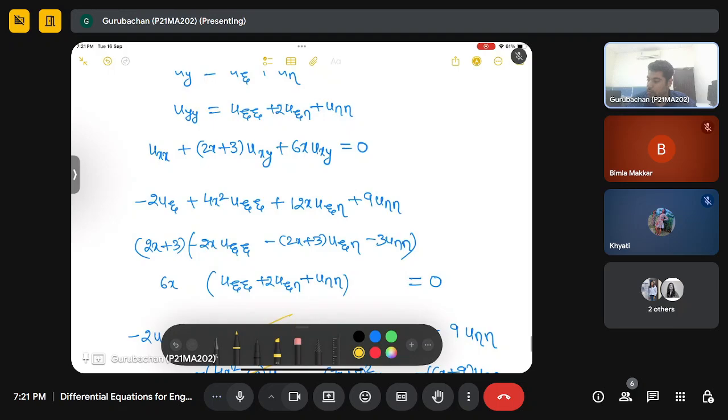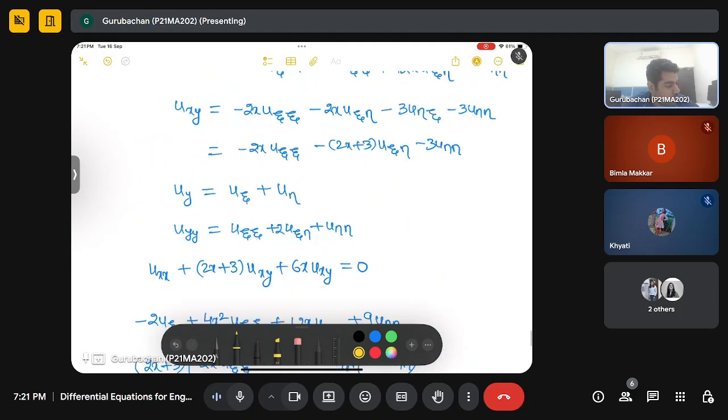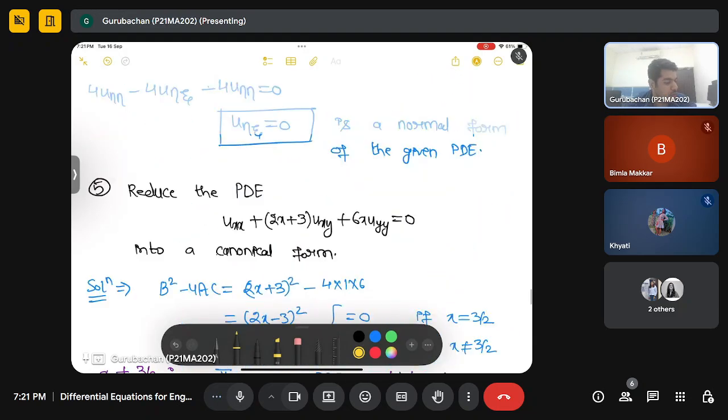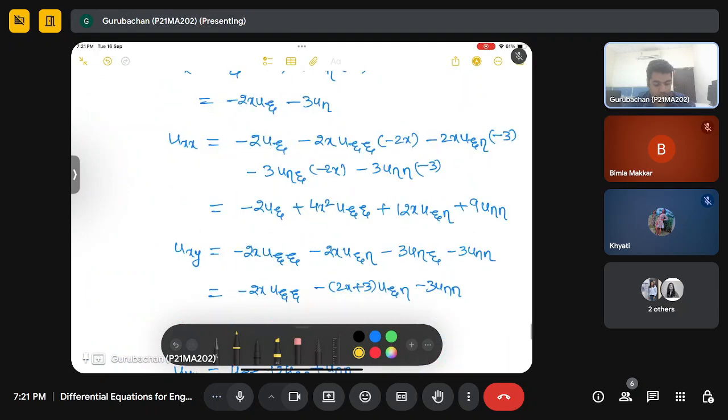So the given equation is u_xx plus (2x plus 3) into u_yy. So let us re-verify our values. Our first value was u_xx as minus 2 times... is this question number 4 or question number 5? Question number 5, this.